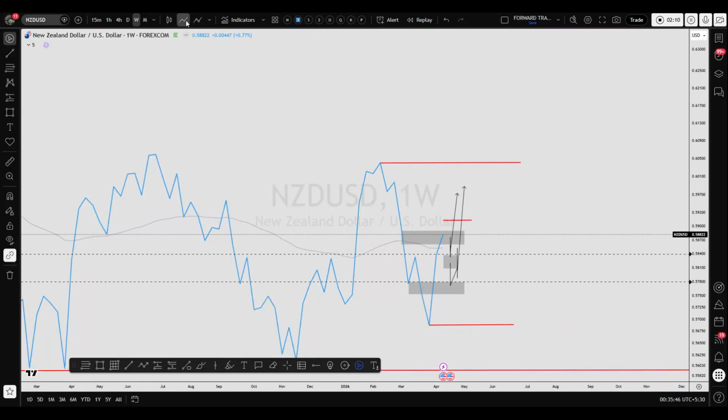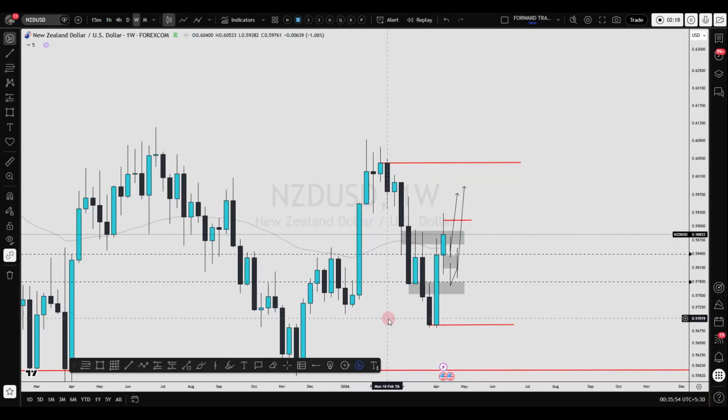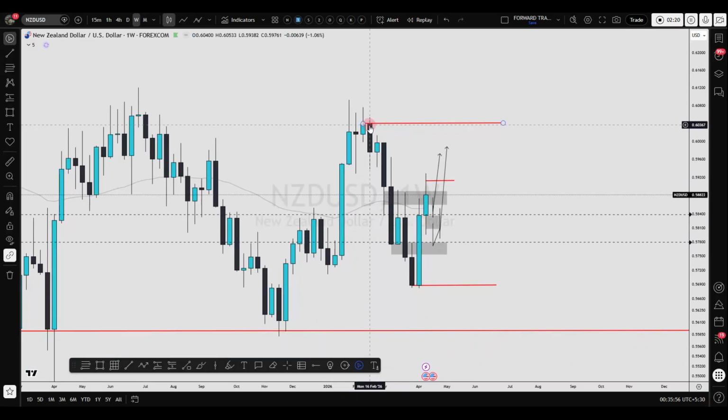If I just shift into the line chart, I can clearly see this is the last break of structure towards upside. We can also consider this one. If I consider this one, in that case this is becoming my range. This is the last bullish range towards upside. We managed to drop below this low, and then we are breaking above this high.